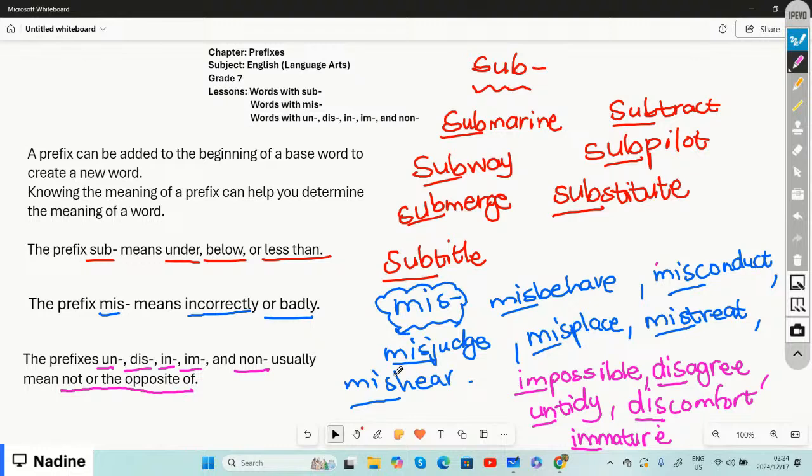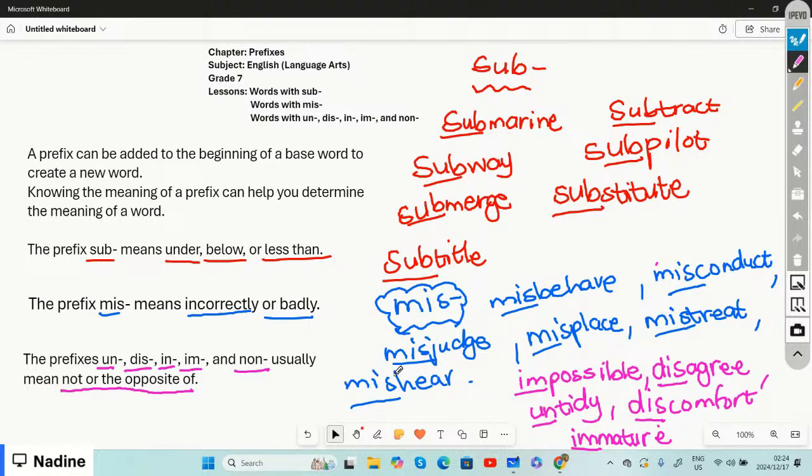And if we look at those words, you'll be able to see, oh, okay, now I get the meaning of those words, because now you can create a meaning based on the fact that you know the meaning of the prefix. And once again, a prefix can be added at the beginning.